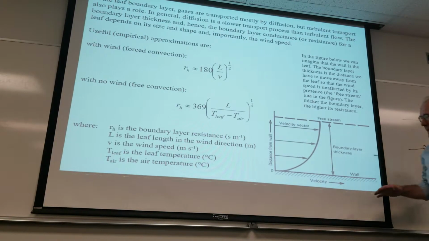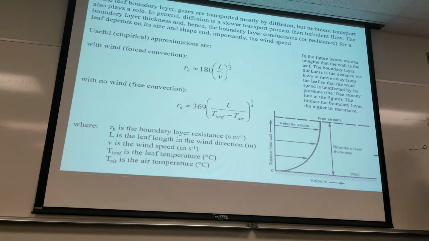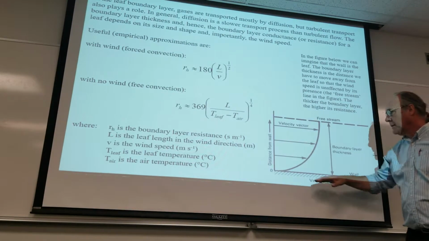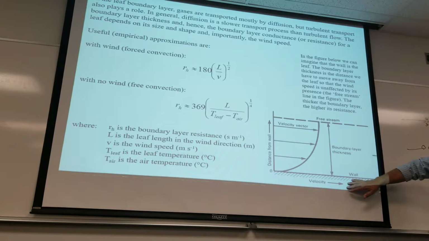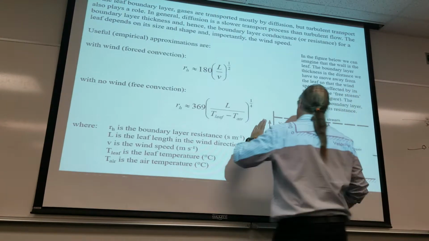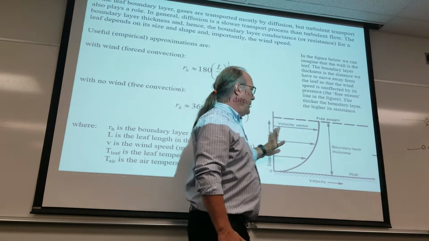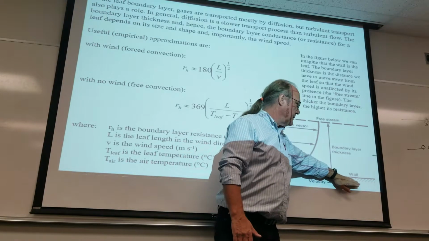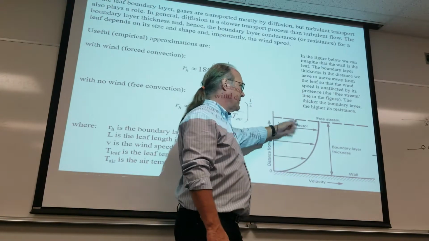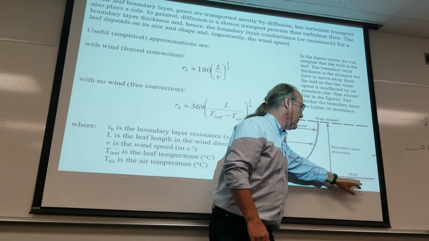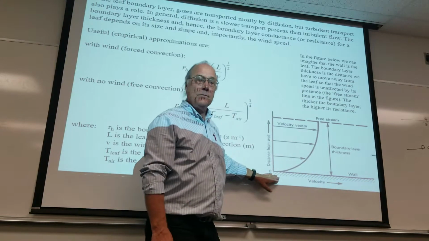So the boundary layer, here's a diagram that sort of shows what I'm talking about. If this is a solid surface, and we've got some air moving over this solid surface, this is an engineering diagram, so it says wall, but let's consider this to be the leaf surface.